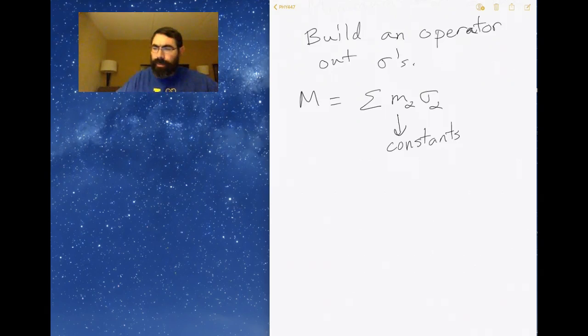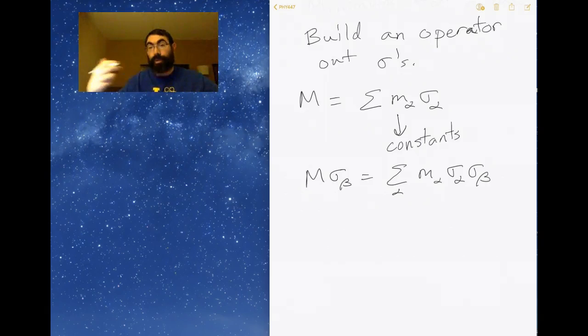What we can start with is we'll take the operator M and operate in conjunction with one of the Pauli spin matrices, sigma sub beta, which is now the sum over alpha, M sub alpha, sigma alpha sigma beta.